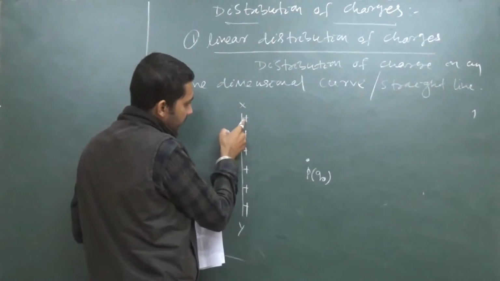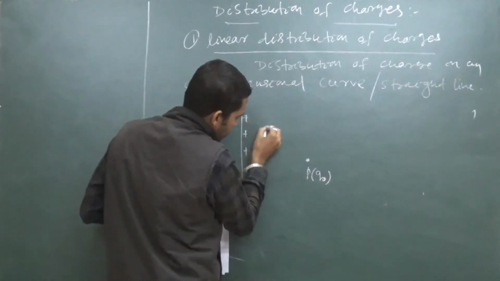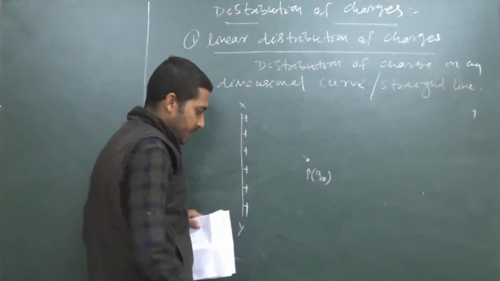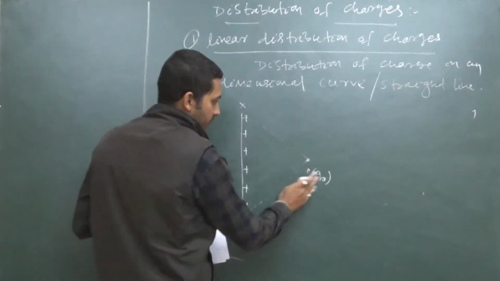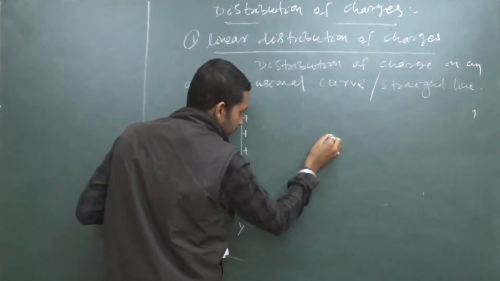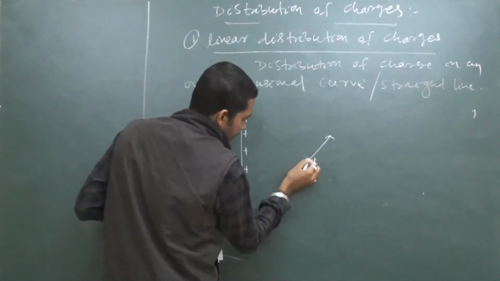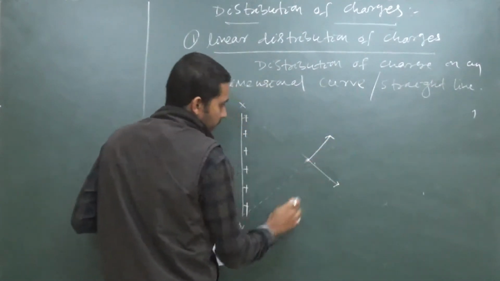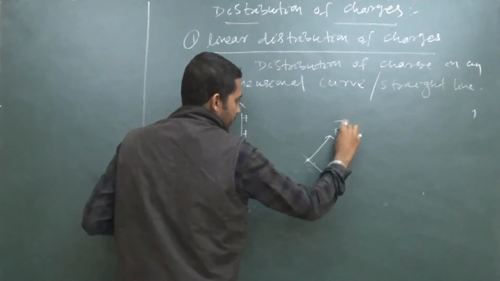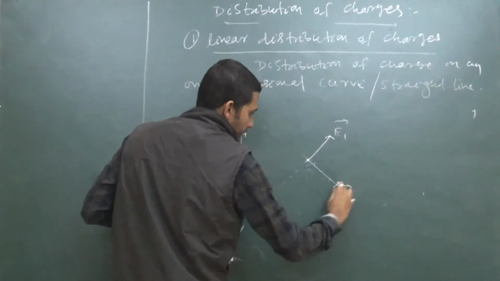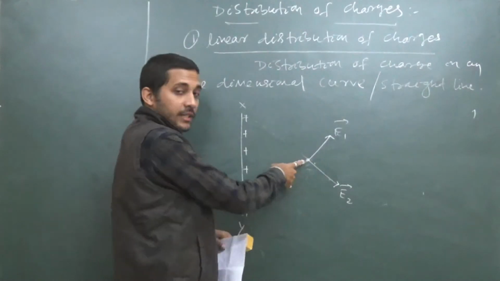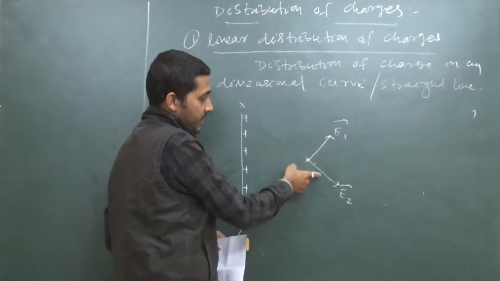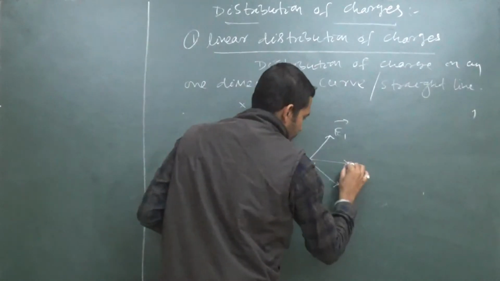The charges here are going to put a force on it, and the charges here are also going to put a force on it. If the nature is positive, they must be repulsive. Let this one be electric field E1 and this one electric field E2. As two forces are acting at a particular point at a time, we need to find the resultant.